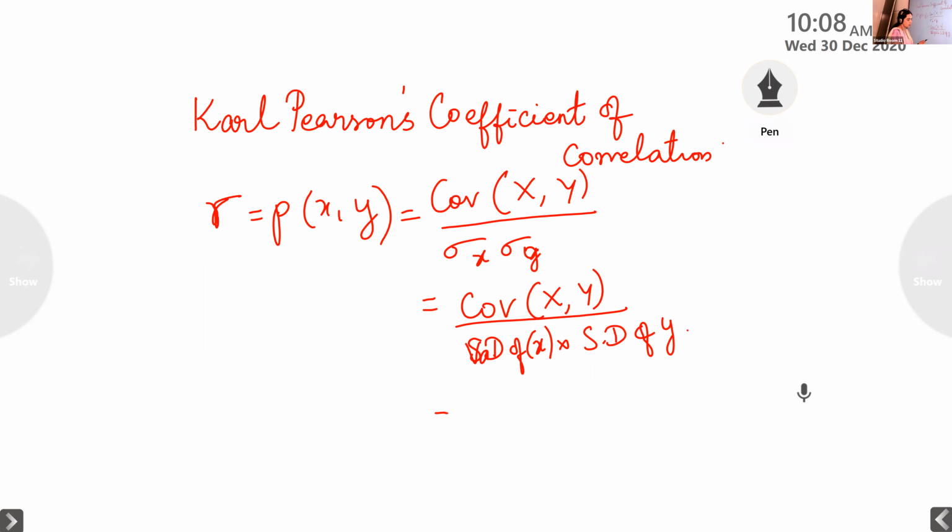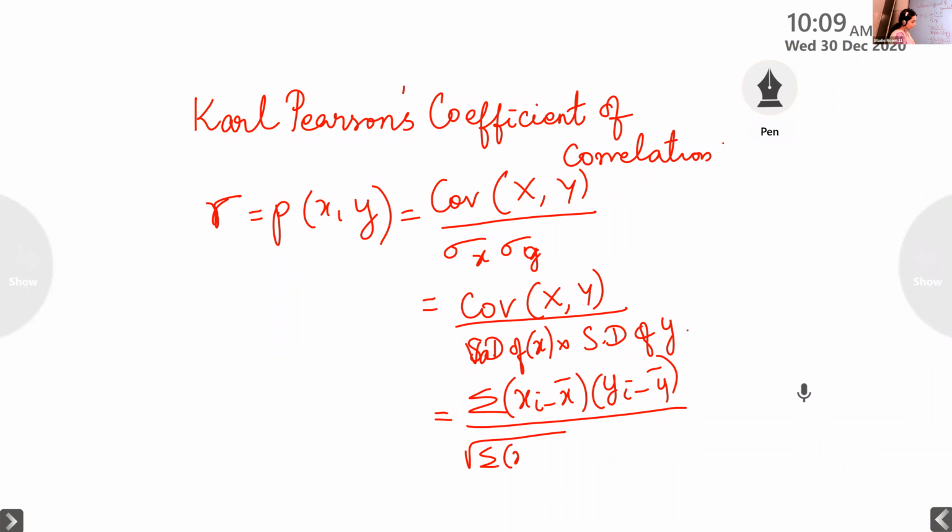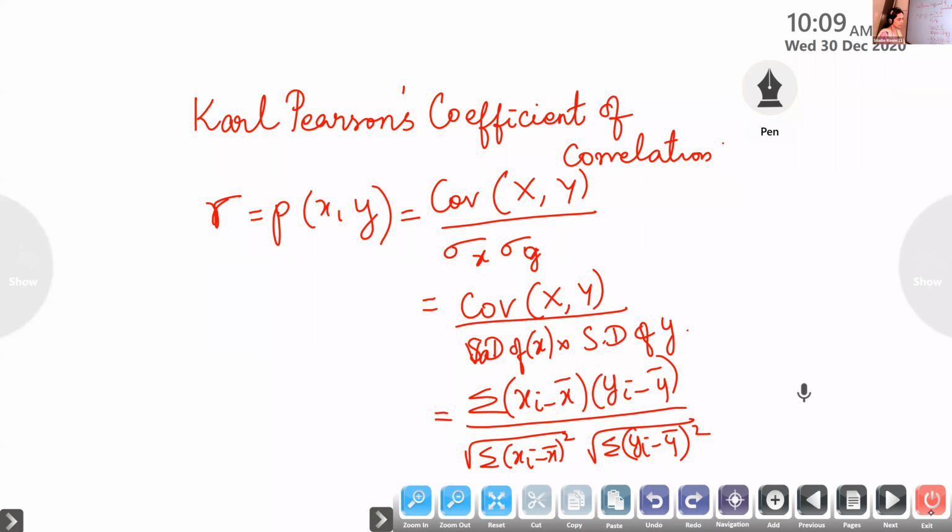That is covariance. Already we have learned one formula, sigma xi minus x bar into yi minus y bar by n. Covariance, variance, standard deviation and all we have learned. The denominator is root of sigma xi minus x bar the whole square into sigma yi minus y bar the whole square, each with one by n, so both n and n get cancelled.